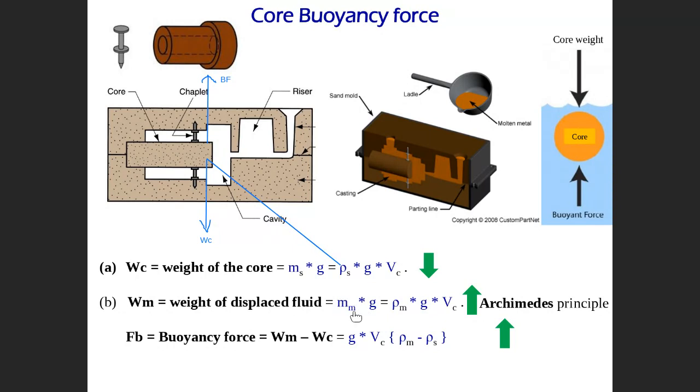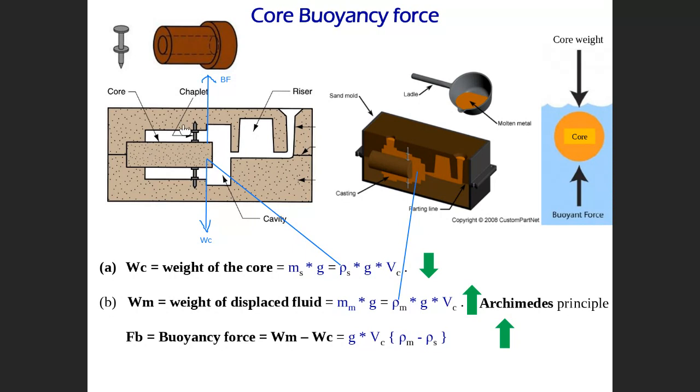And the mass of the displaced fluid is equal to rho m, the density of the liquid metal, multiplied by V of the core. Why V of the core?